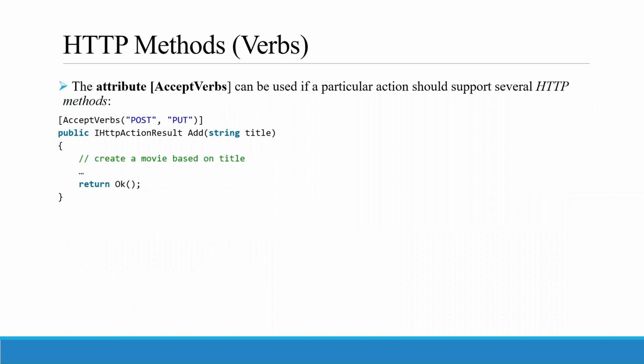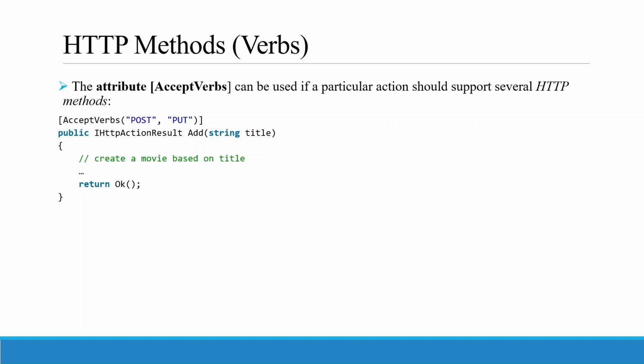Okay. In case we want a particular action to support several HTTP methods, we can use the attribute AcceptVerbs. In this case, we have an Add action, and in this action we want to create a movie in case it does not exist in the database, or in case it exists, we want to update information about the movie. So basically we want to treat two scenarios. One that creates a new resource, and one that updates information about an existing resource.